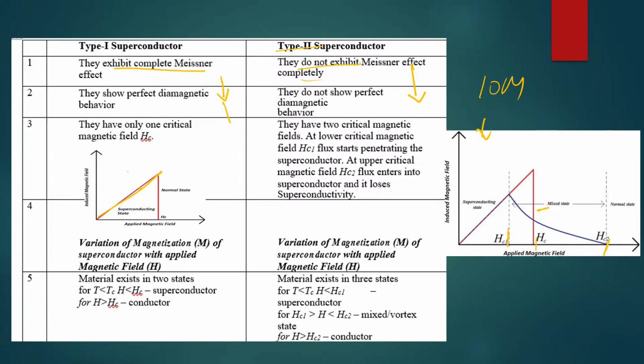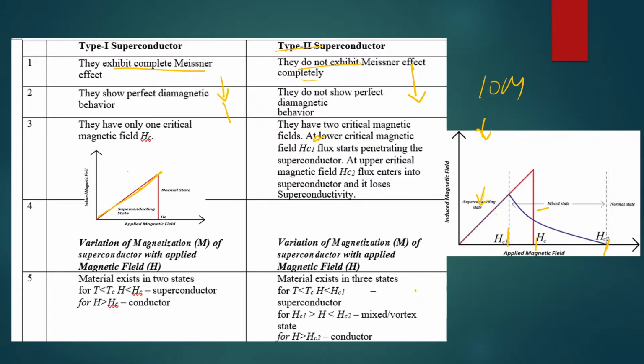That means 2 magnetic fields will be required here. So 2 critical magnetic fields are there. Hc1 is called the lower critical magnetic field, and Hc2 is called the upper critical magnetic field.